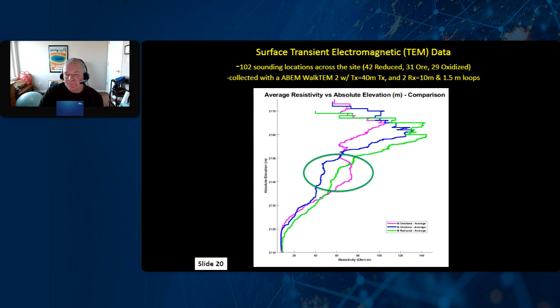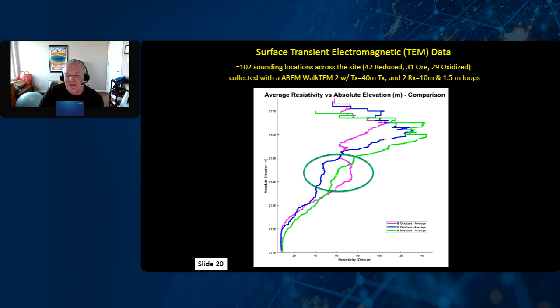meter, right? The interesting thing is, in the zone of the ore sand, which is highlighted by this circle, the resistivity in the ore zone is lowest of the three redox zonations, right? And then our reduced is actually next, which was a little bit of a surprise.